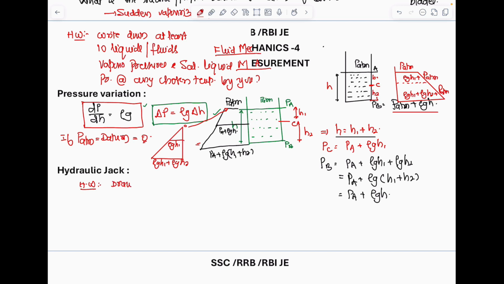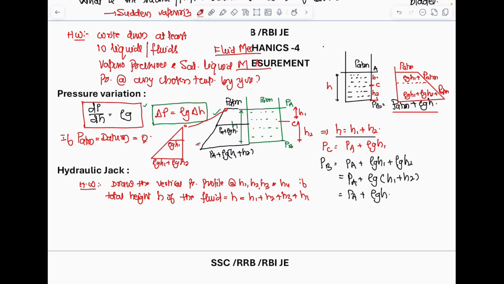Draw the vertical pressure profile at H1, H2, H3 and H4 if the total height H of the fluid is equal to H1 plus H2 plus H3 plus H4.